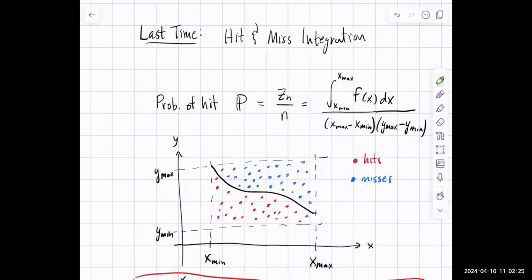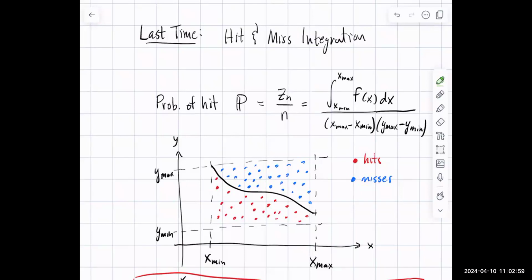The idea was, if we had some coordinate system, x, y, and we wanted to integrate some function, y equals f of x, what we could do is draw our function on our coordinate system and define our x bounds to be our integration limits. So we're going to integrate from x minimum up to x maximum.